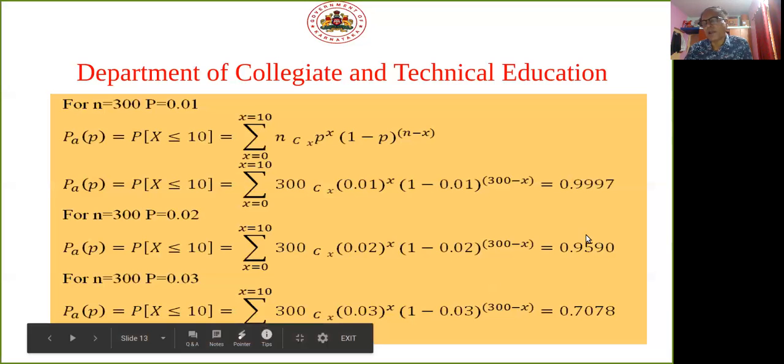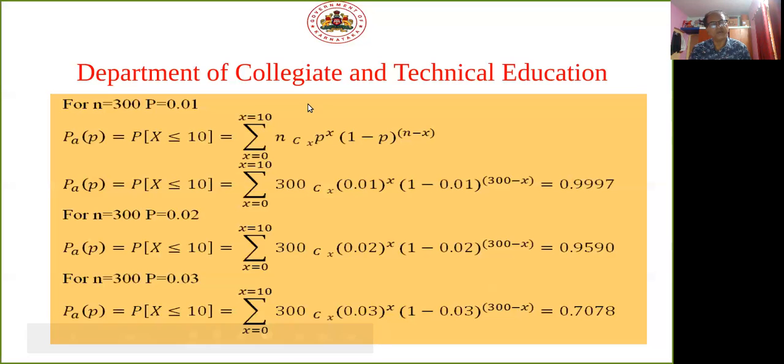So 0.9590 is the probability of acceptance for n equals 300 and p equals 0.02. Similarly, you can increase the value of p. Now we have increased it from 0.01 to 0.02, and now we have to increase it from 0.02 to 0.03.